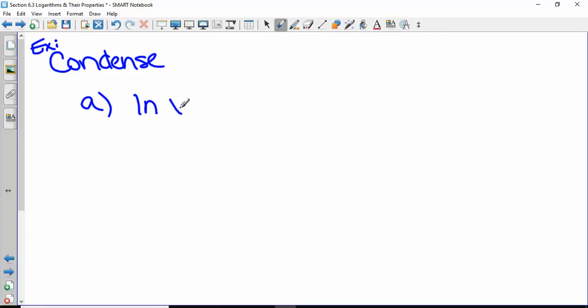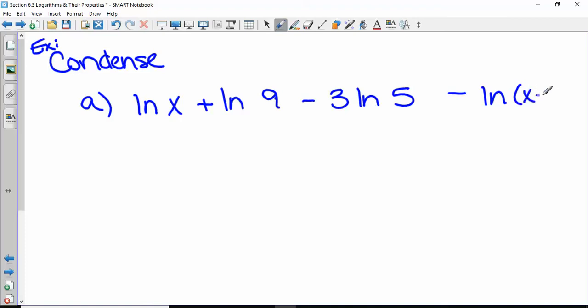Let's do, say we do the natural log of x. So when I look at this one, I have a coefficient of 3.